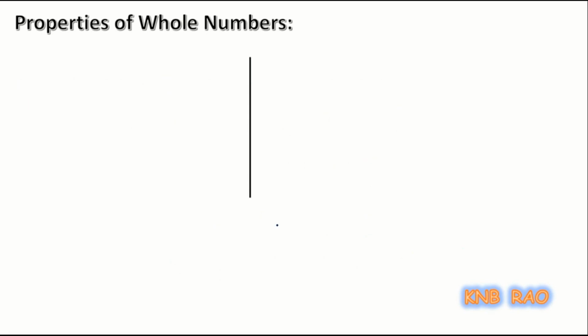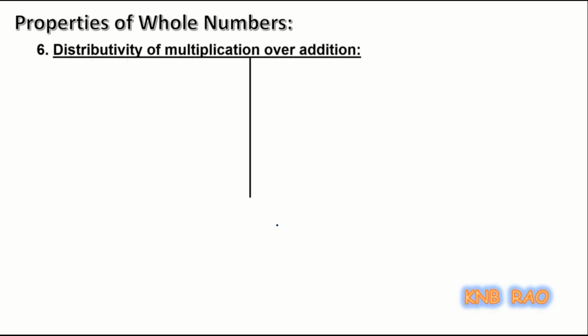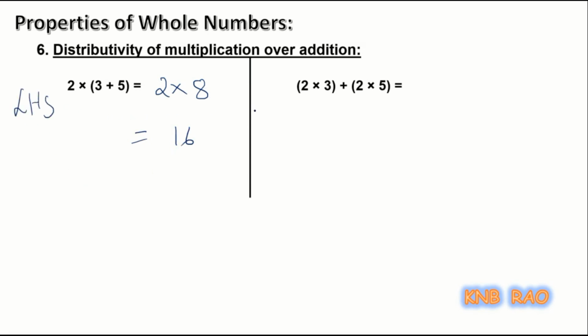Now students, let me take some more examples and cross check. Is 2 into (3 plus 5) the same as 2 into 3 plus 2 into 5? Shall we do it? Now 2 into (3 plus 5), which is 2 into 8, is 16. This is the left hand side of equality. Now what is the right hand side of equality? 2 into 3, which is 6, added to 2 into 5, which is 10.